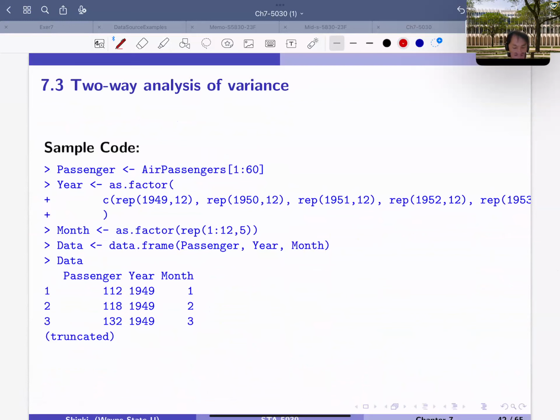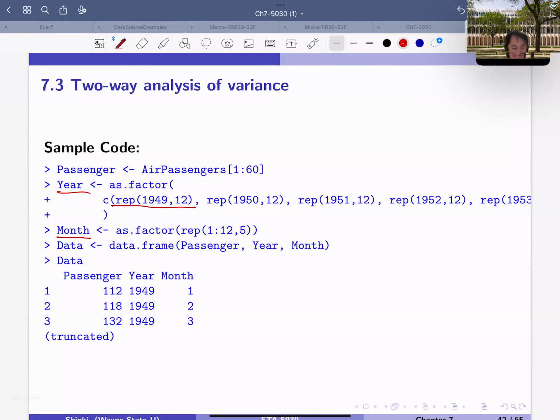So we have to create the factor vectors representing year and representing month. If the air passengers object were a matrix, then it would probably be easy, we could just generate some rows and columns, but we have to actually generate vectors.